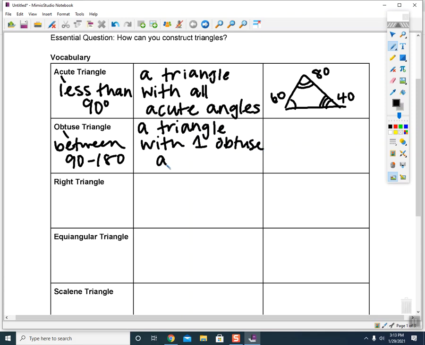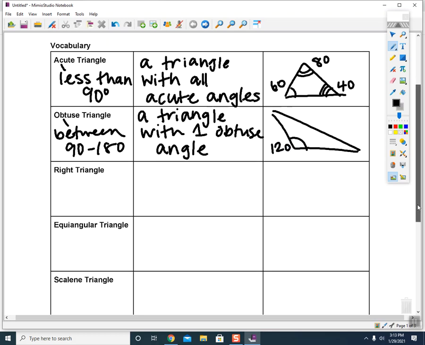And the reason why I'm just saying one obtuse angle is that it is impossible for a triangle to have two obtuse angles. So if there's an obtuse angle, it's going to be the only one. So we know what obtuse triangles look like, right? Here's a triangle, here's my obtuse angle. Let's say it's 120 degrees. Okay, that's an obtuse triangle.